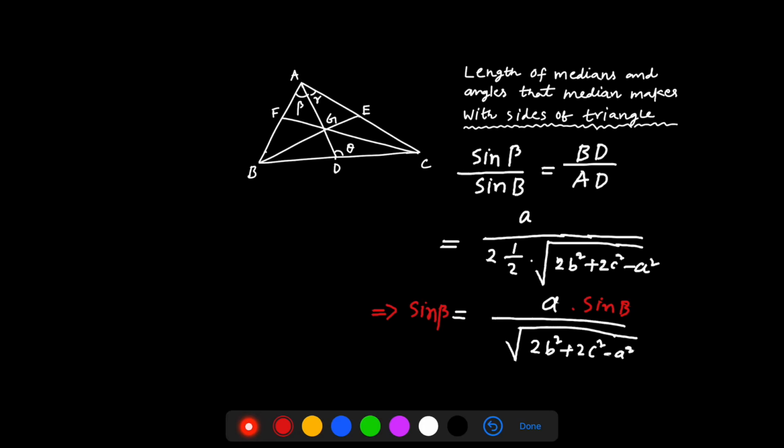Similarly, what we can prove for sin theta, in that case we will consider this triangle.